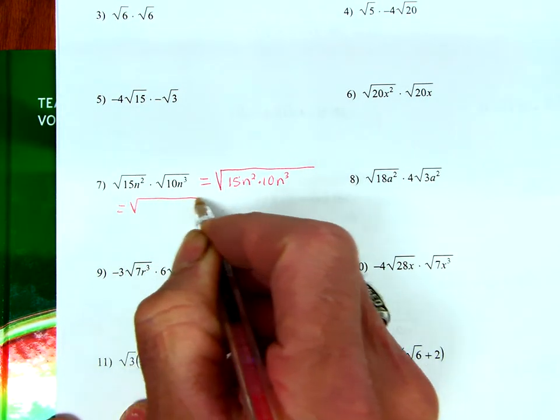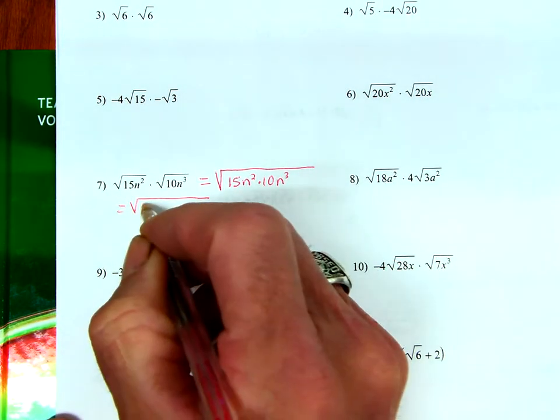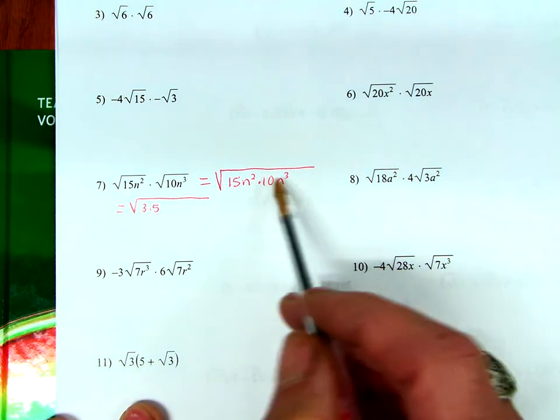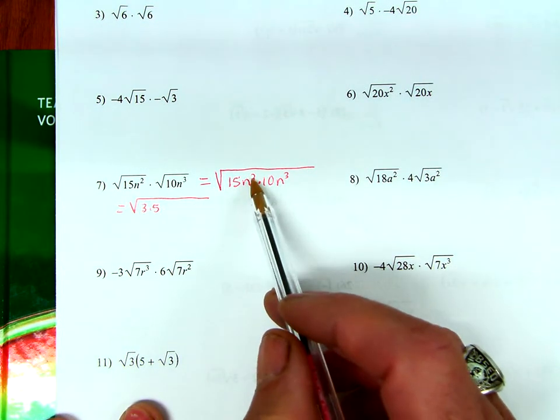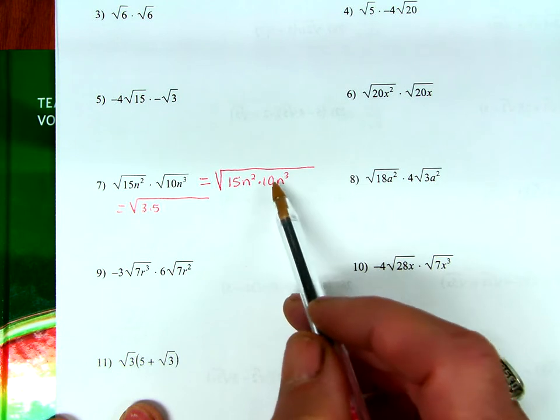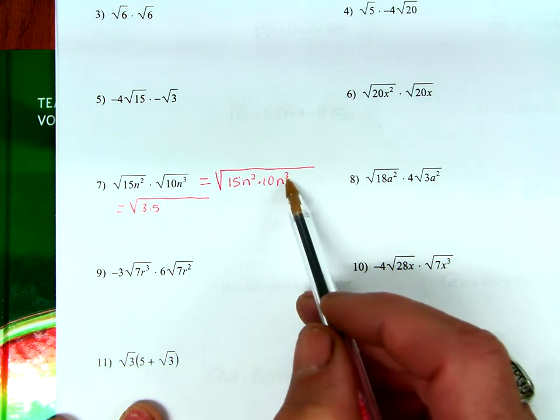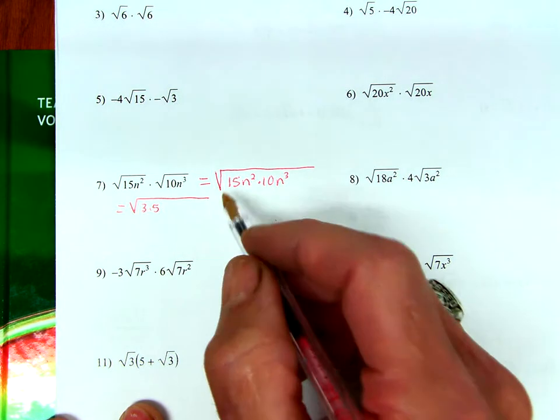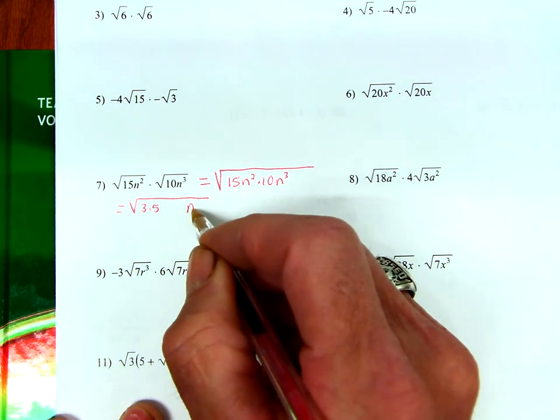Here we go again. I know that 15 is 3 times 5. I'm going to go ahead and combine my n's. N squared times n to the third. Remember, when you're multiplying variables with exponents, you add the exponents. So that's going to be n to the fifth.